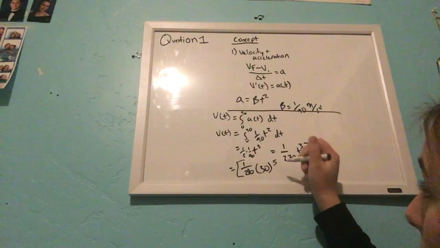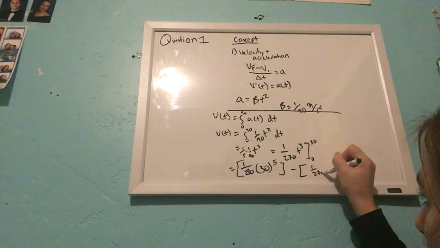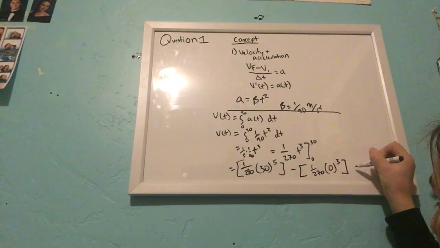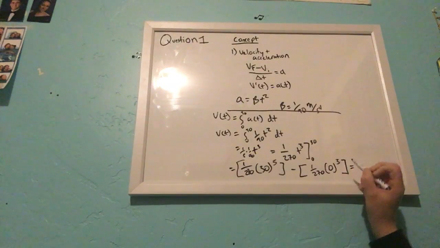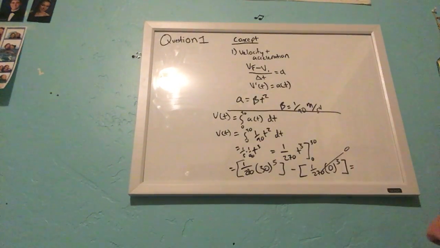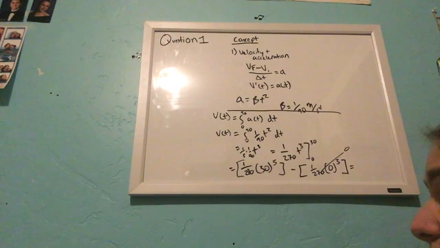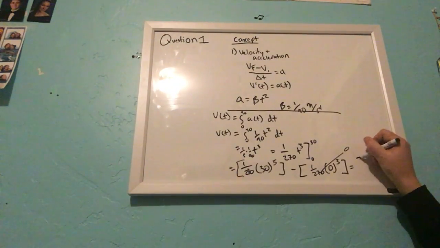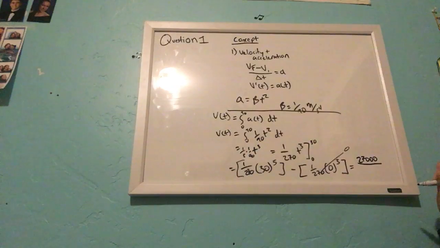Make a bracket here and then subtract 1 over 270 times 0 to the third. Okay, so this will be 0 because anything multiplied by 0 is 0, so we can just put 0 there. So it's only going to be here that we are worrying about. And 30 to the third, I did the math previously, it's 27,000.